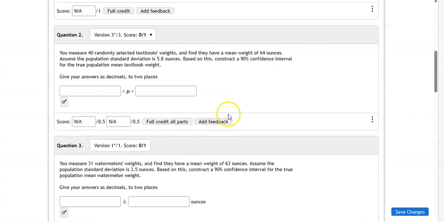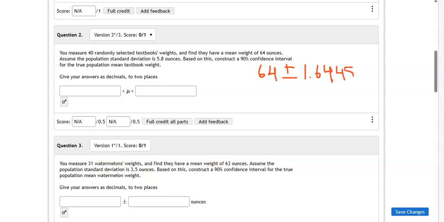Okay, so we have a mean weight of 64, so our X bar is 64. Oops, got to put my draw feature back on. All right, so our X bar is 64. And we're going to do plus and minus. And that value we just got from Excel is the Z value we want to use, 1.64485.